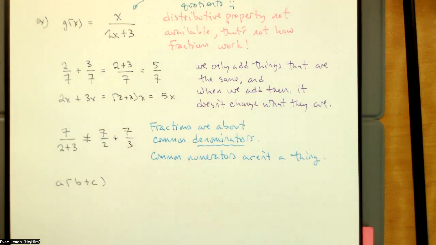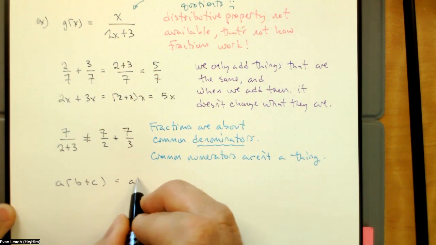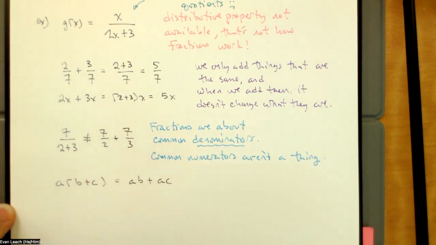So if I have A parentheses B plus C close parentheses, what's this equal to? AB plus AC. Why can I do this? Yeah, the distributive property, but what is the distributive property telling us?